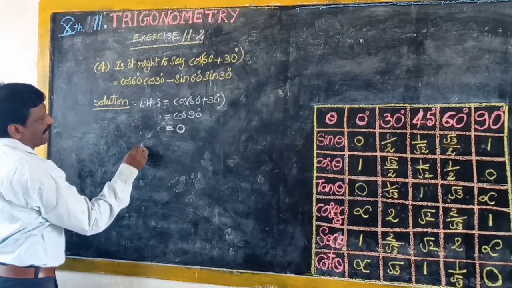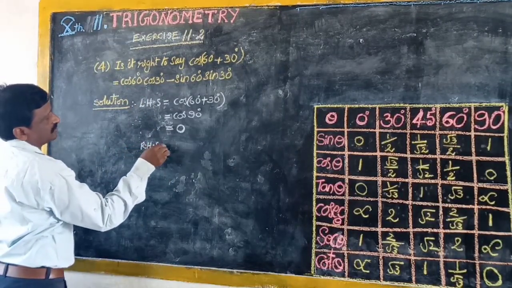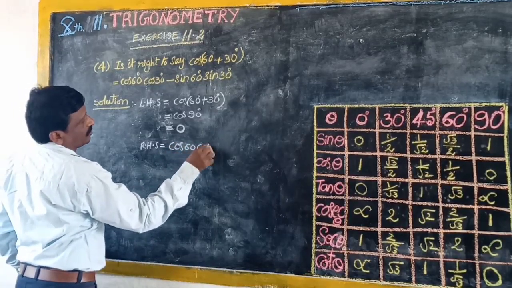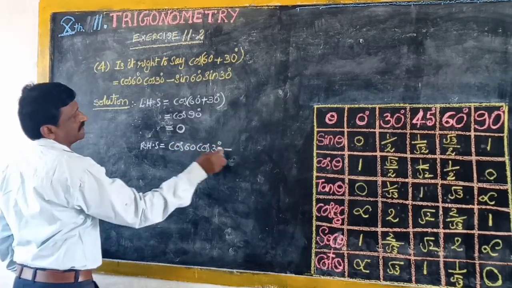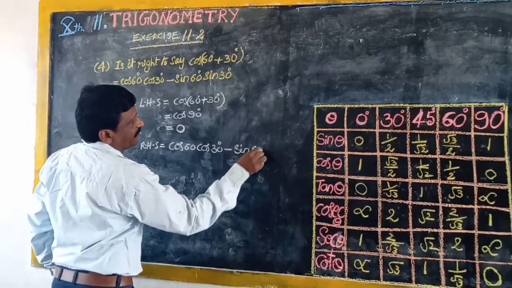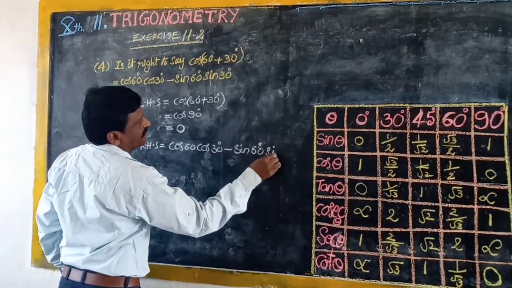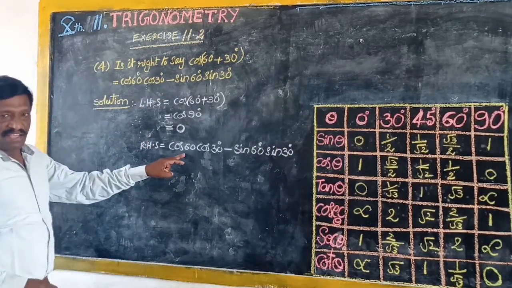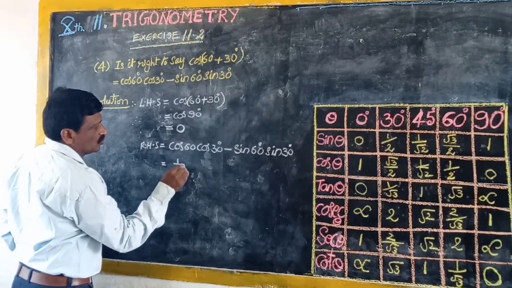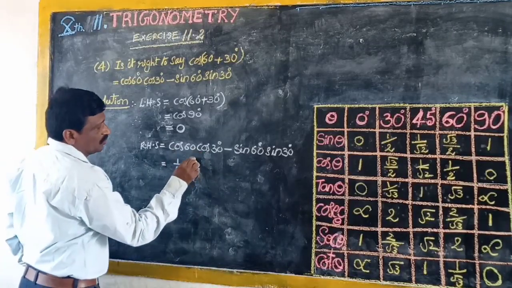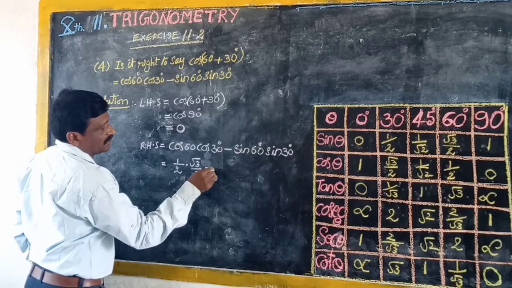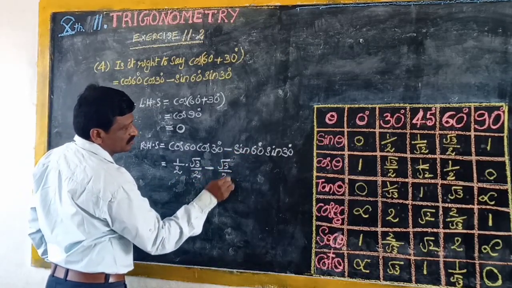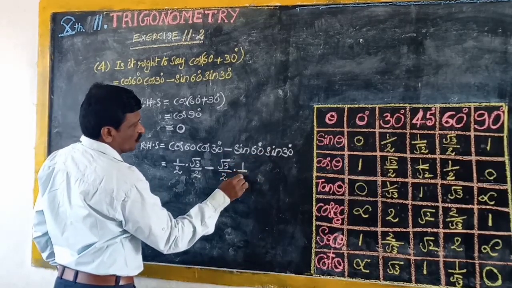As usual, RHS: cos 60 cos 30 minus sin 60 sin 30. Cos 60 value is 1 by 2, cos 30 value is root 3 by 2, minus sin 60 value root 3 by 2, sin 30 value 1 by 2.